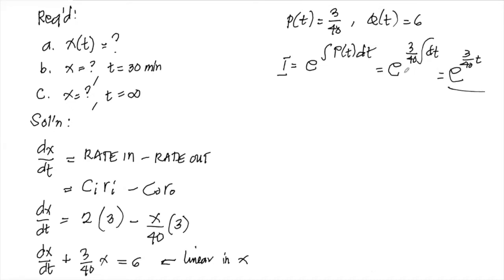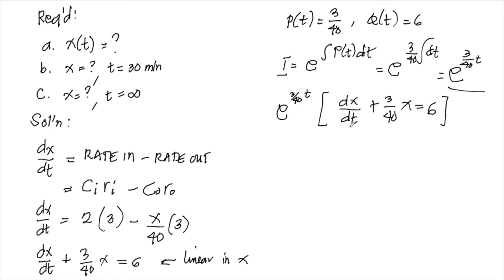The next step is to multiply this integrating factor to the standard form of the linear equation. So e raised to 3 over 40 times t, multiplying this to the standard form, dx over dt plus 3 over 40 times x equals 6. Once you multiply the standard form by an integrating factor, magiging exact na yung equation natin.